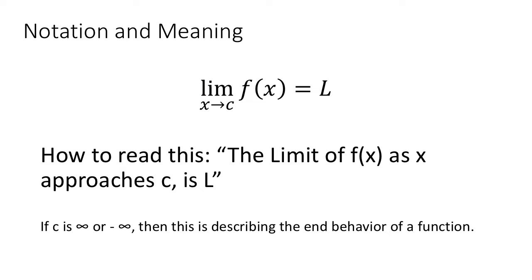We say the limit of a function f of x as x approaches c is the value L. And again, how we read this is the limit of f of x as x approaches c is a value L. If c, what we're approaching, is infinity or negative infinity, then this is describing the end behavior of a function.